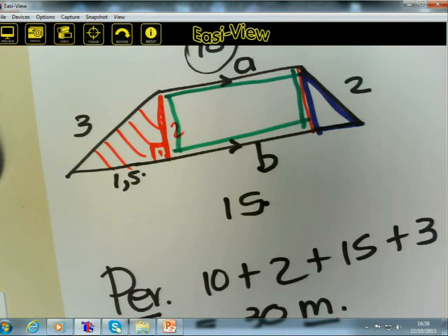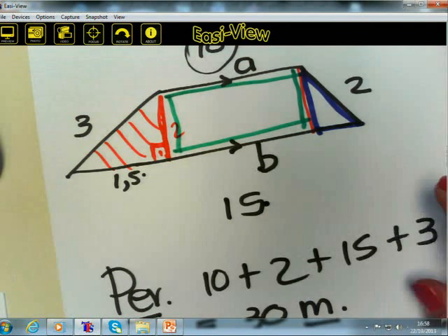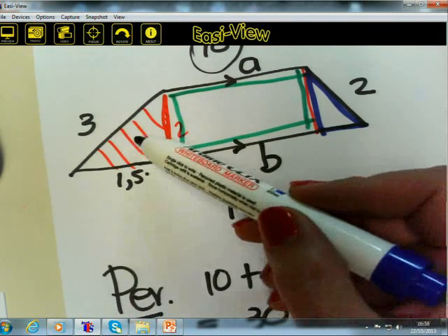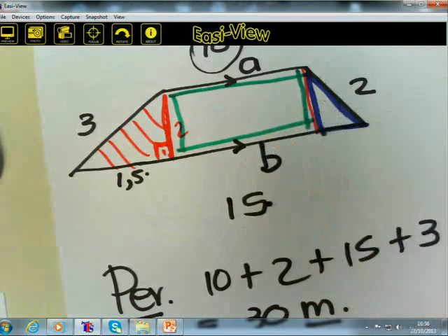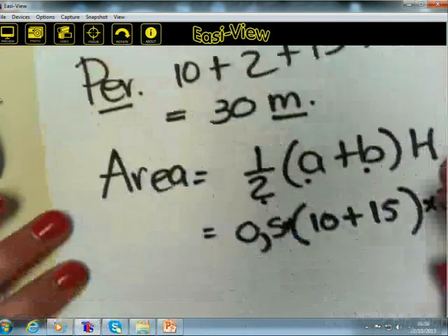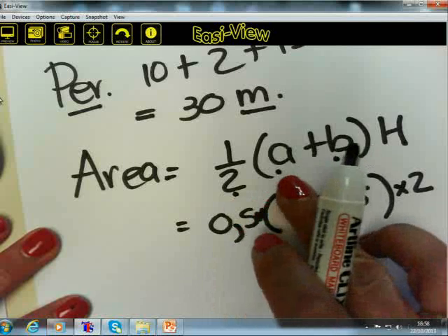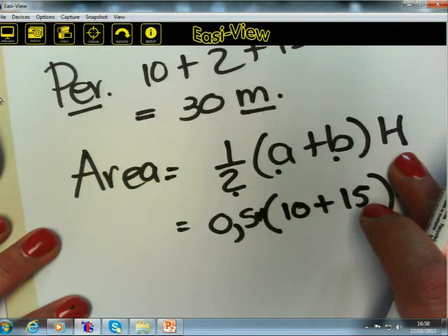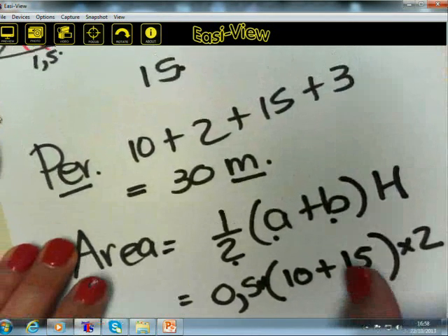So there are different ways of getting the area of a trapezium. The red one plus the green one plus the blue one. Or you can use this formula, half A plus B times H. I hope I have answered your questions.